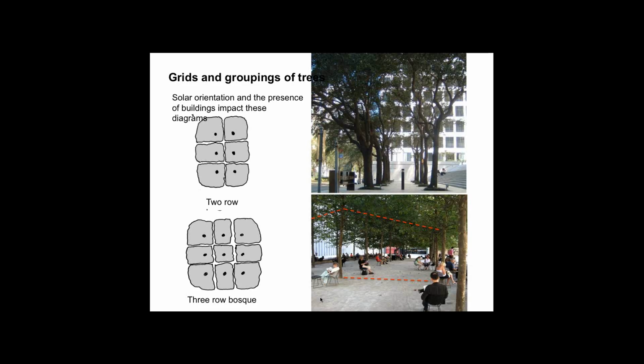Now, when we start having grids or groupings or bosques of trees, a second dynamic begins to click in. So if I have a double row, the outer part of each tree grows to the left and to the right. And in the center, they're in conflict.